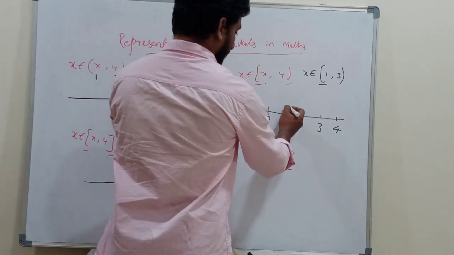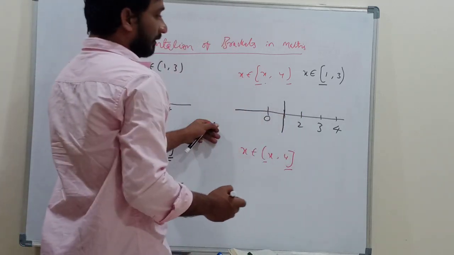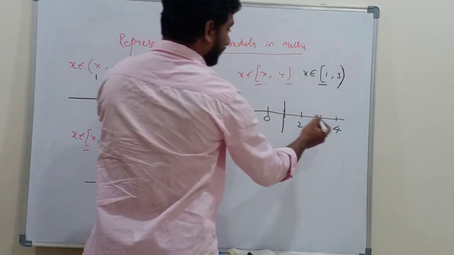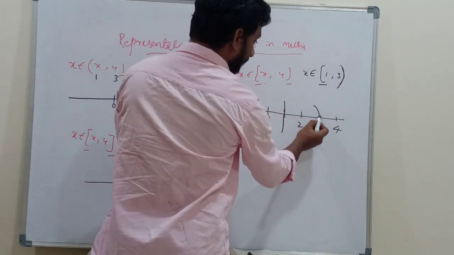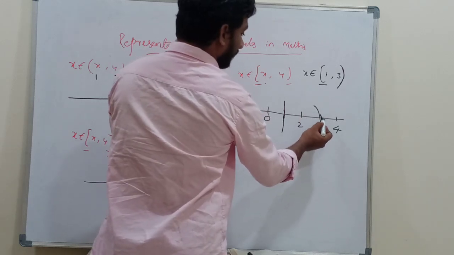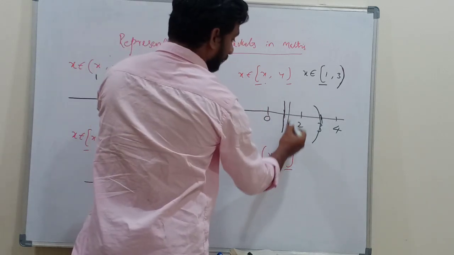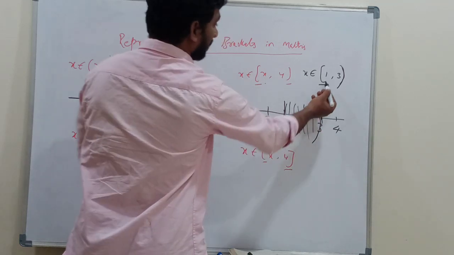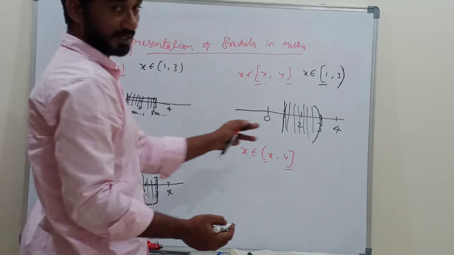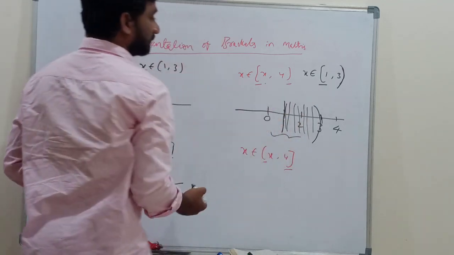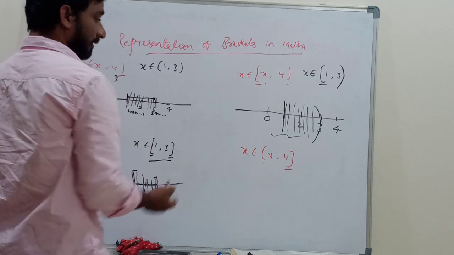So I am starting from 1, and the closing point is open bracket 3. That means I am not including this 3, the closing portion. So this whole portion comes under x belongs to closed bracket 1 comma 3 open bracket. This is how we can represent this on a straight line.